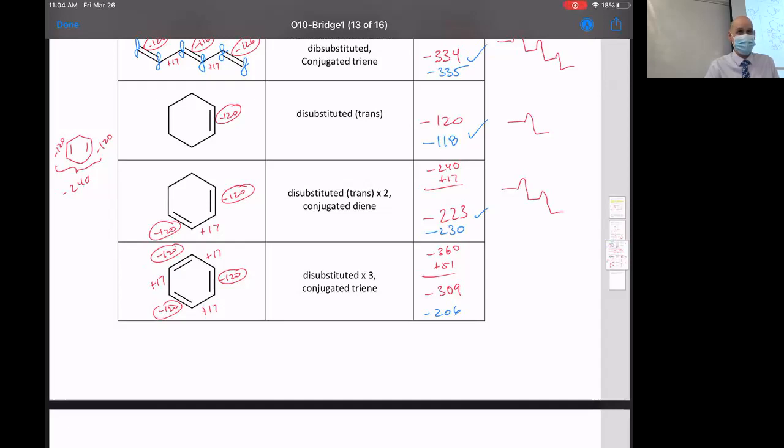More stable by a lot. Remember when I was getting all crazy about how accumulated dienes are like 40 kilojoules per mole less stable than they should be, and that's a huge gap. This is 100. So benzene rings, I don't want to say the word magic, but they are ridiculously more stable than they have any business being. It took people a long time to figure out what is going on with benzene rings.